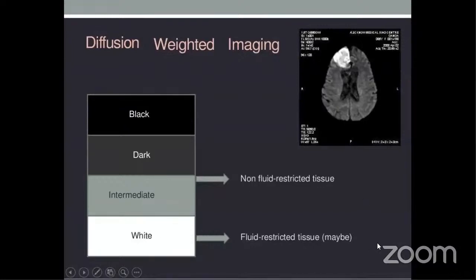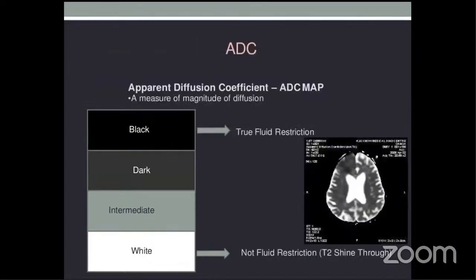In diffusion weighted images, whatever is dark is non-fluid restricted tissue, and white is fluid restricted tissue. Corresponding ADC mapping is nothing but a measure of the magnitude of the diffusion.